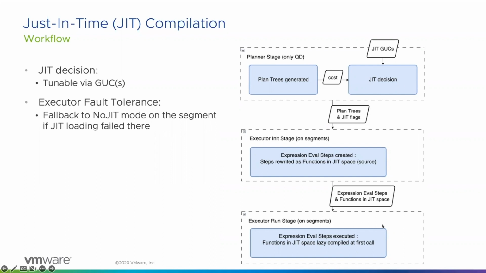If JIT is decided to be performed, the steps are rewritten into source code form functions in JIT space. Third, in the executor run stage, the steps are executed. The functions in JIT space are combined as a whole just before the first call to any of them.